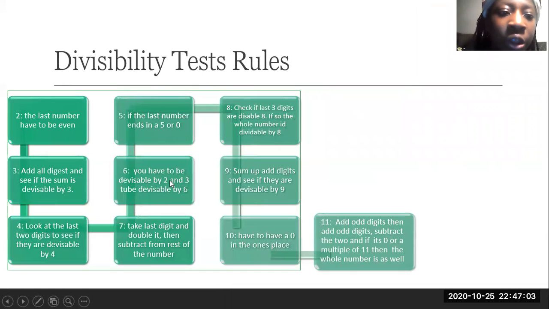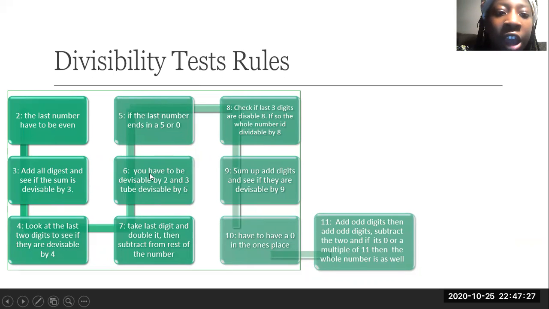For 2, the last digit has to be even for it to be divisible. For 3, you add all the digits and find the sum. If the sum is divisible by 3, then the whole number is divisible by 3. For 4, you look at the last 2 digits to see if they're divisible by 4. For 5, the last digit has to be a 5 or a 0.